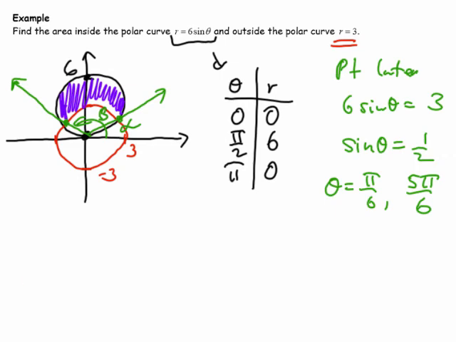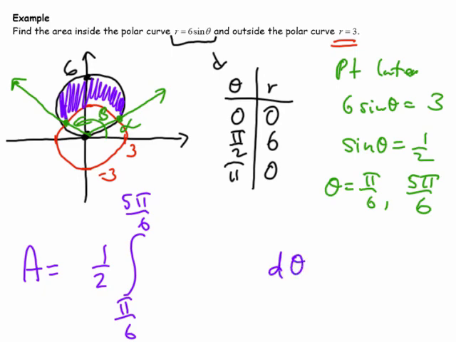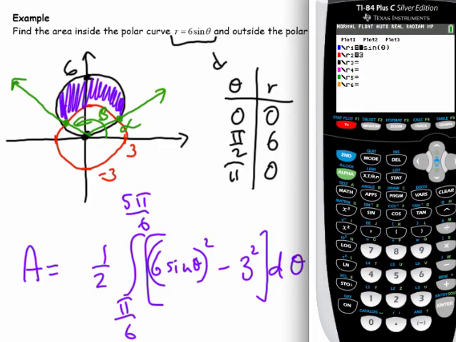So, to get my area, it's going to be 1/2 the integral from the lower angle, pi over 6, the smaller angle, to the larger. You can think of the swooping out, the angle moving from pi over 6 to 5 pi over 6, with respect to theta. The outer minus the inner radius. So the outer radius I can see is (6 sine theta) squared and the inner 3 squared. And there's my expression.